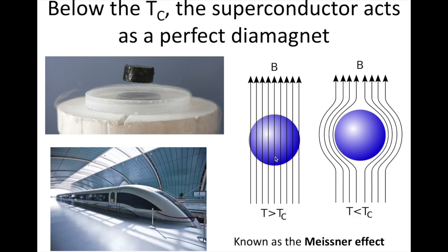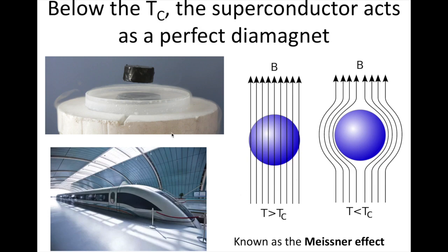So when it's above the critical temperature, it just goes through the material. But below that temperature, it opposes that magnetic field, and we think of that as expelling the field. This expulsion of the field below this temperature is known as the Meissner effect.